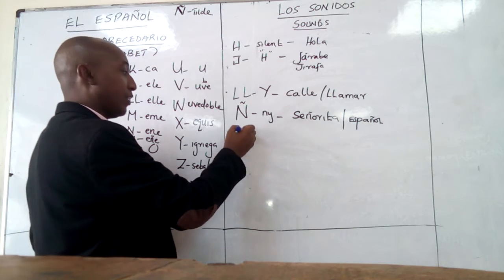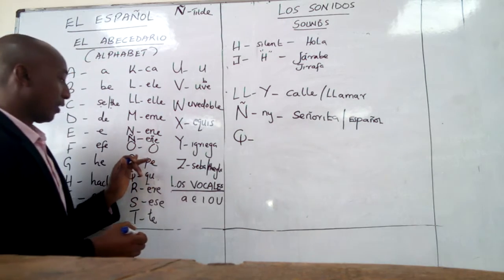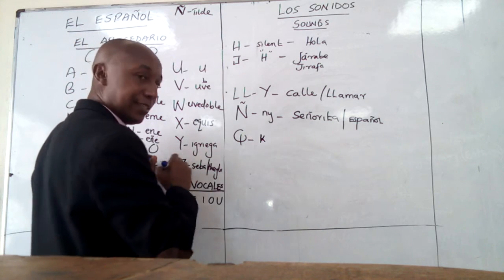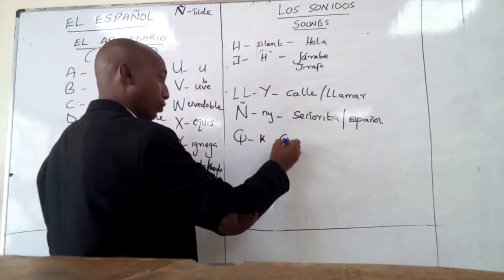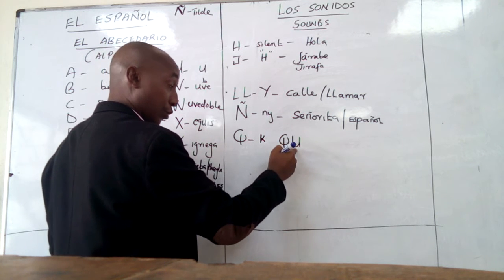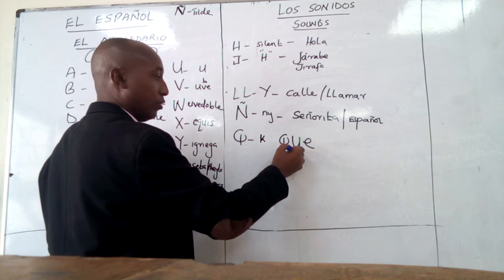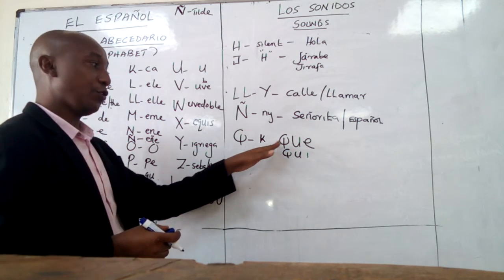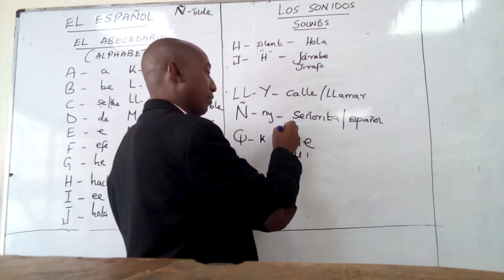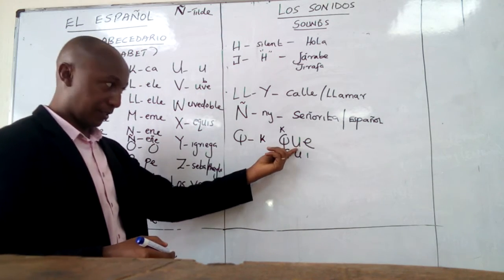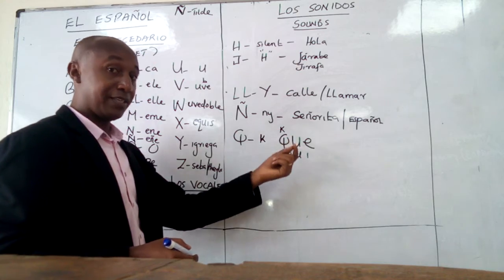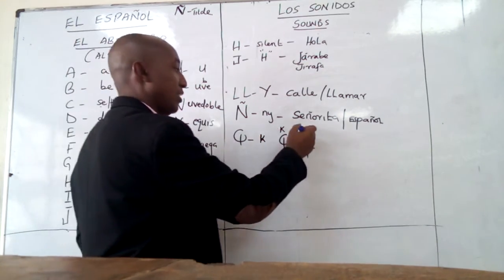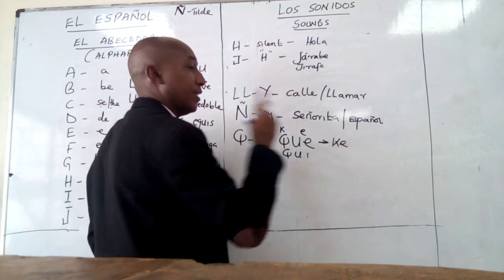Then we have letter Q, which was cu in the alphabet. So we're going to have this one carrying what we call a K sound. And letter Q in Spanish is always followed by U and E or U and I. So this is what happens. When you see Q, U and E, you give Q a K sound, and the U becomes silent. And therefore, you connect K to E, then your sound becomes ke.